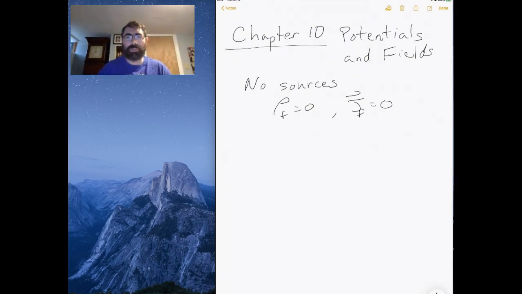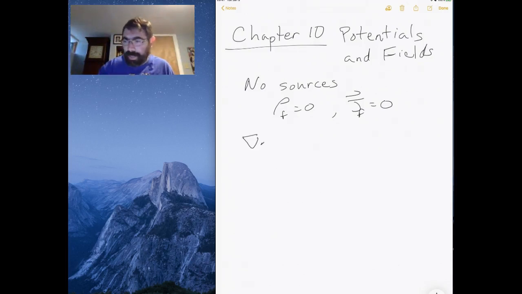So now what we want to do is we want to generalize a little bit more and put in free charges and free currents. In order to solve this problem, we'll find it to be much easier to solve it in terms of potentials, electric potentials and magnetic potentials. So like all problems in electrodynamics, we like to start with Maxwell's equations.